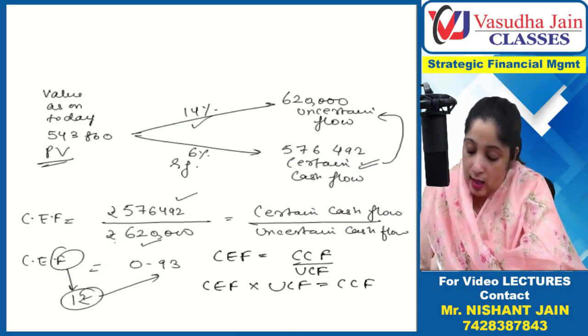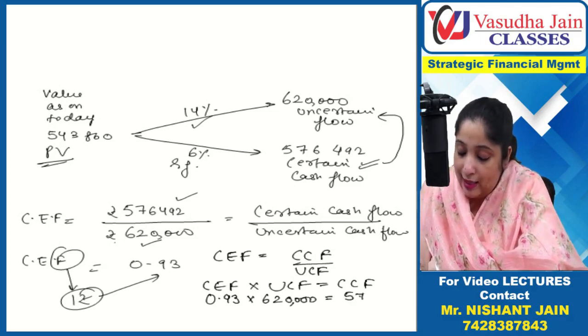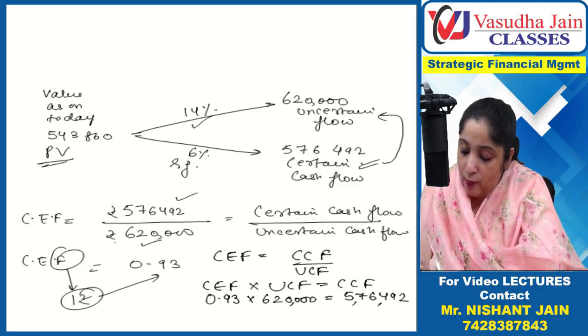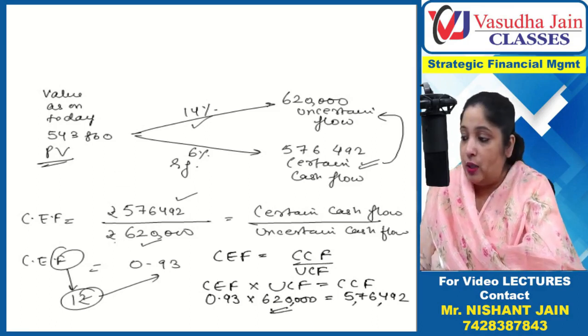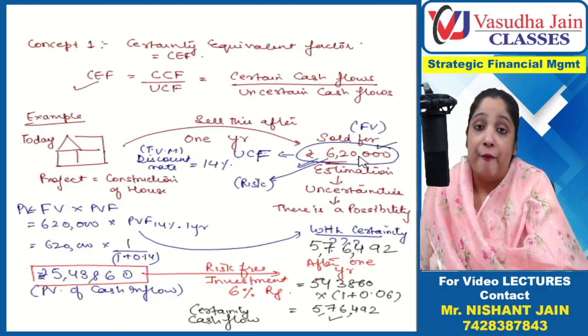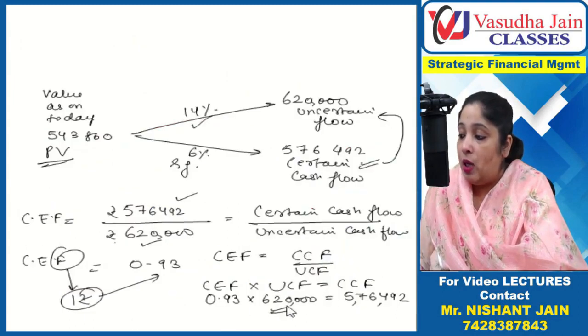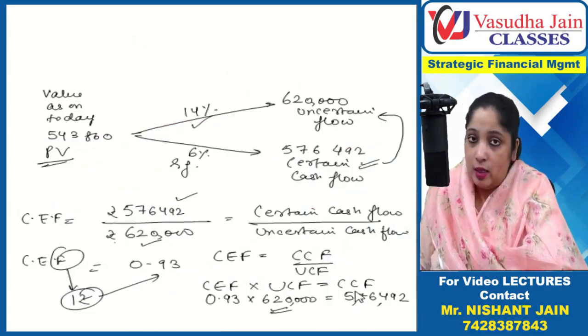Now what does this mean? Certainty equivalent factor, if multiplied with uncertain cash flows, gives you the certain cash flows. In the question they will be giving you uncertain cash flows and CEF. So 6,20,000 if multiplied with 0.93, you will get certain cash flows.